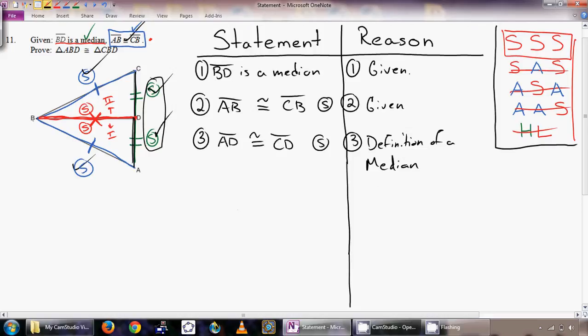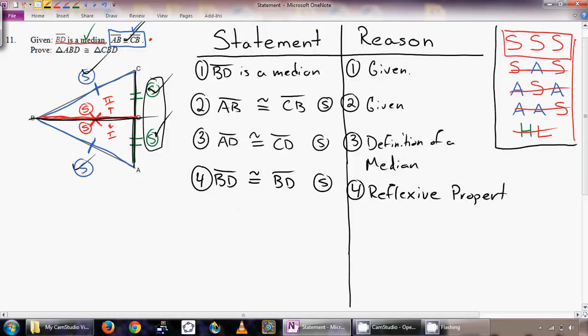Now I just need this last one, that third side, BD is congruent to itself, BD, and that's my last side. And how did I know that? Oh, well, I'm using the reflexive property. Once I've stated my 3 facts, I'm ready to use one of these triangle congruence postulates.